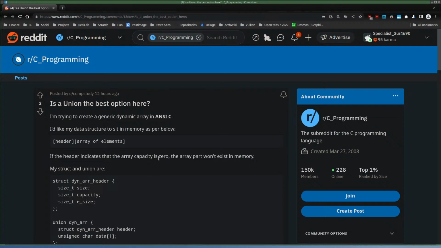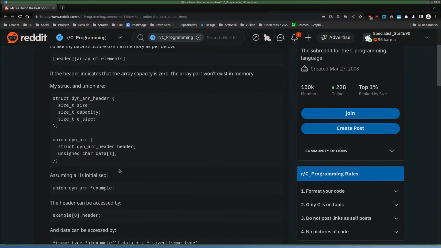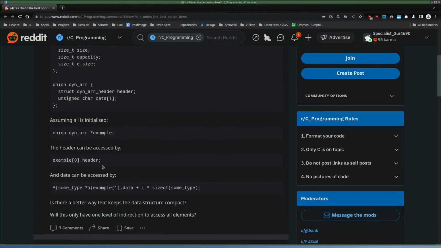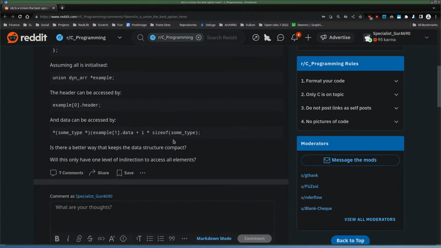Oh, it is C. Gotta wonder why people want to program in C when you can also do it in C++. It supports that kind of stuff.